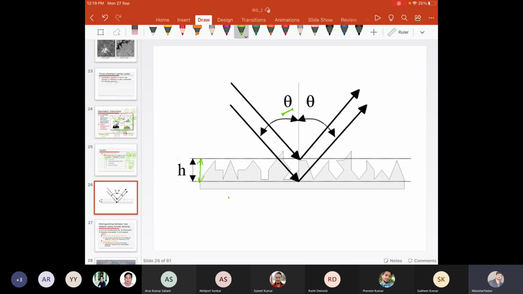When we consider the wavelength, that is lambda, if it is greater than or equal to h over 8 cos theta.